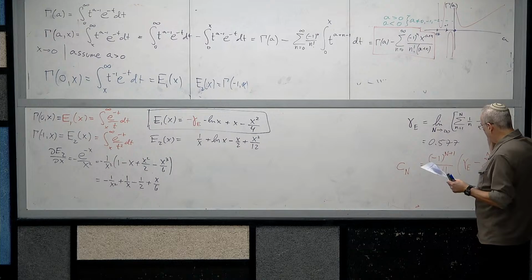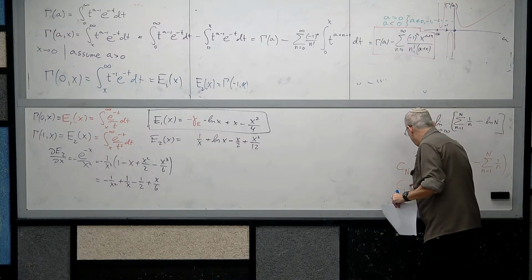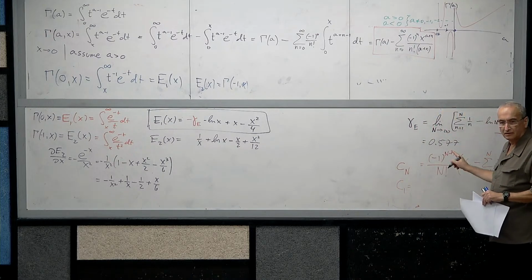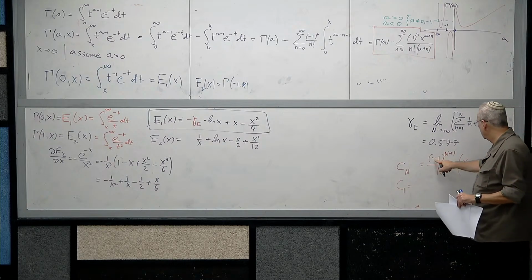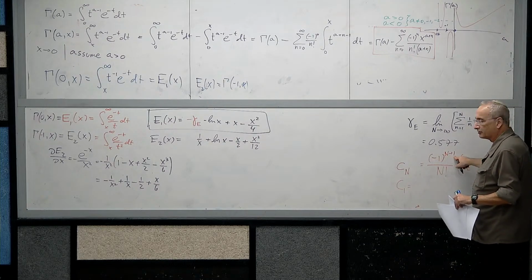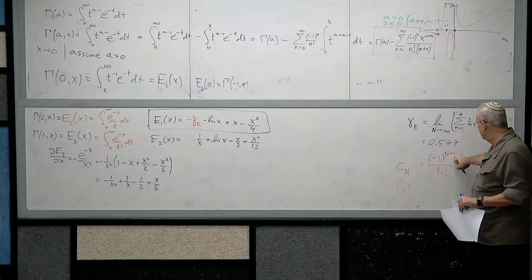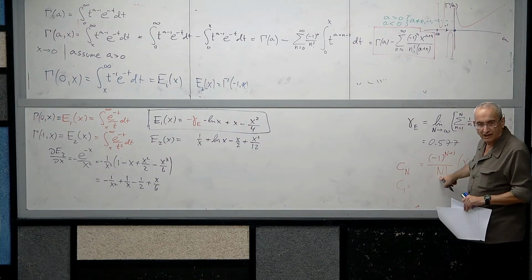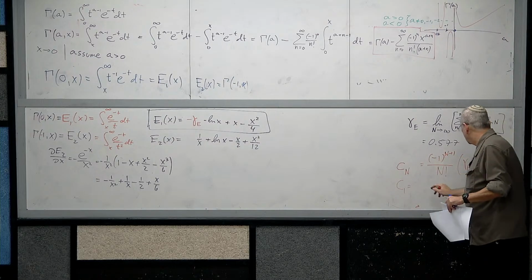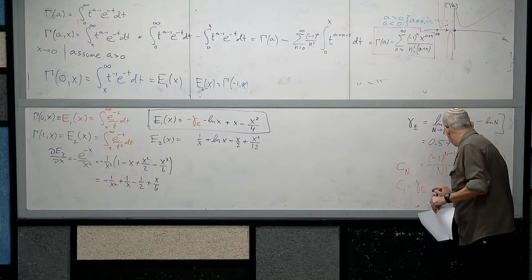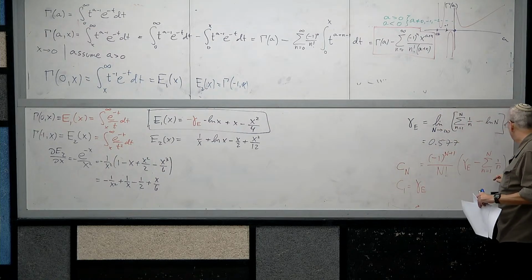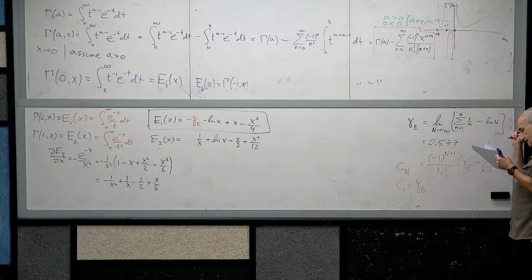Okay? So what will be C1 according to that? C1 is minus 1 to the power 2, which is plus 1, over 1, so this is 1. And now I have gamma Euler minus 1. It means n minus 1 at the summation.